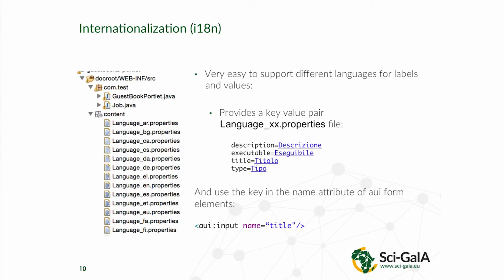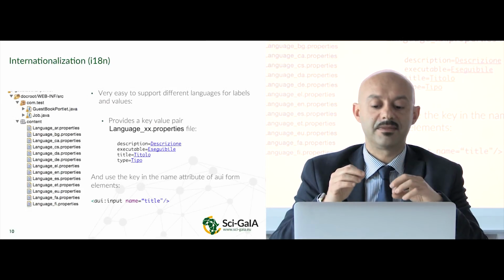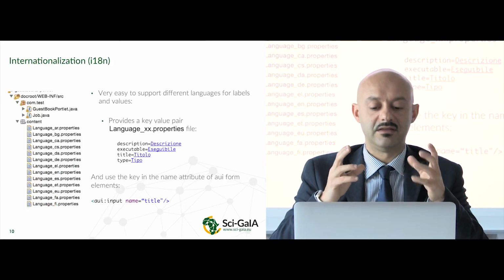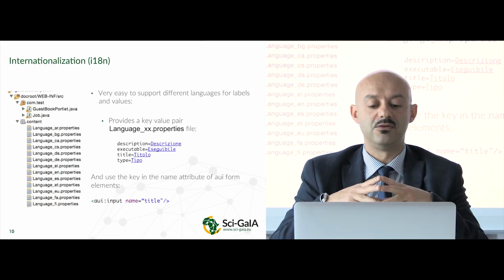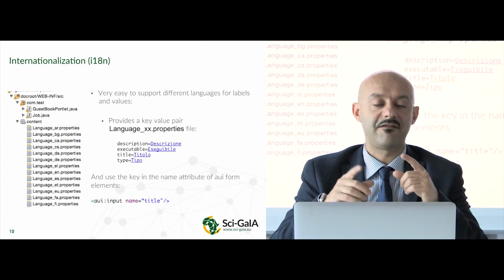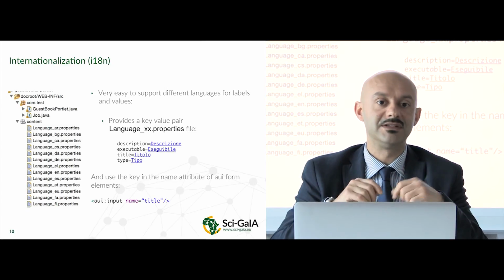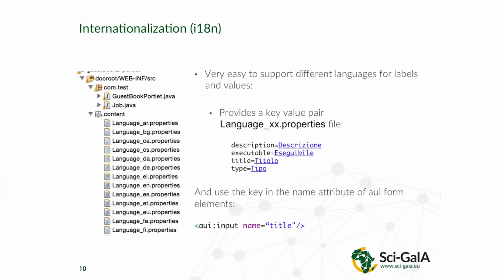Then you just need to give the proper name to the input fields that you want to translate, and Liferay will automatically use the right translation for the field coming from the properties files.